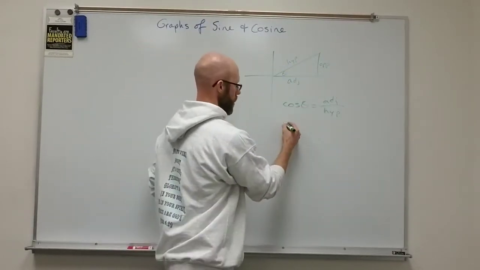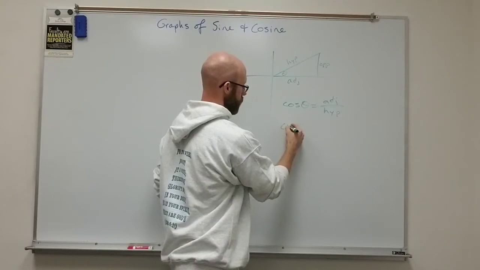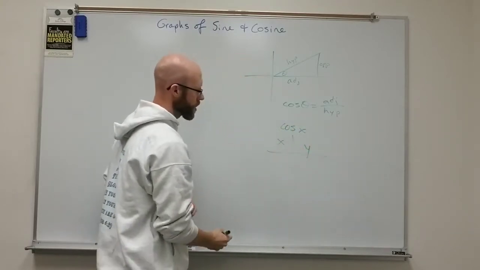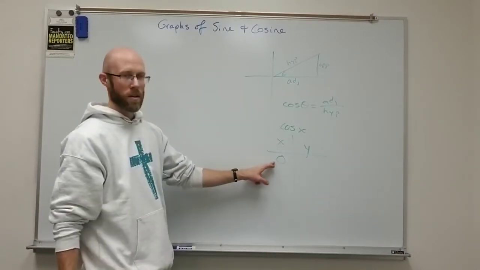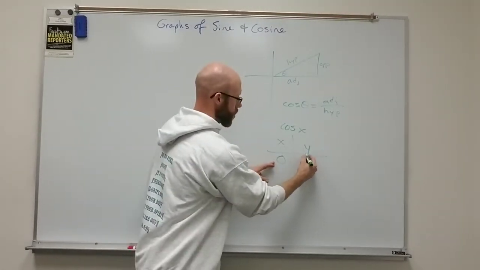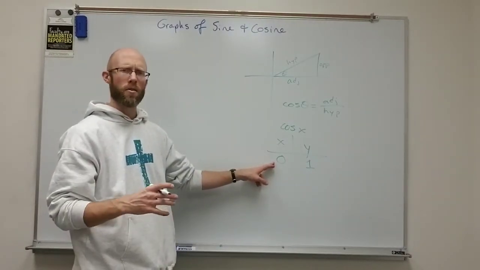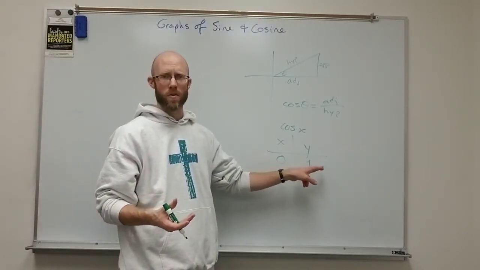So if you look at cosine of x and you do an xy table like we did for the sine, an angle of 0 gives you a ratio of 1, okay, which is not the way the sine started. The sine started at a ratio of 0.